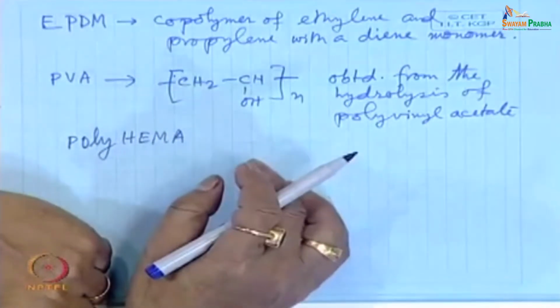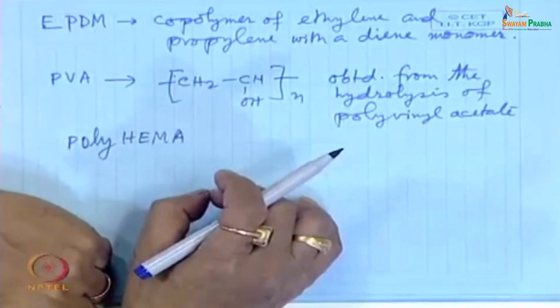You can write down the structure. In place of methyl acrylate, you have to write hydroxymethyl acrylate. Poly N isopropyl acrylamide, it is a modern polymer known as smart polymers, stimuli responsive polymer, thermoresponsive polymer.